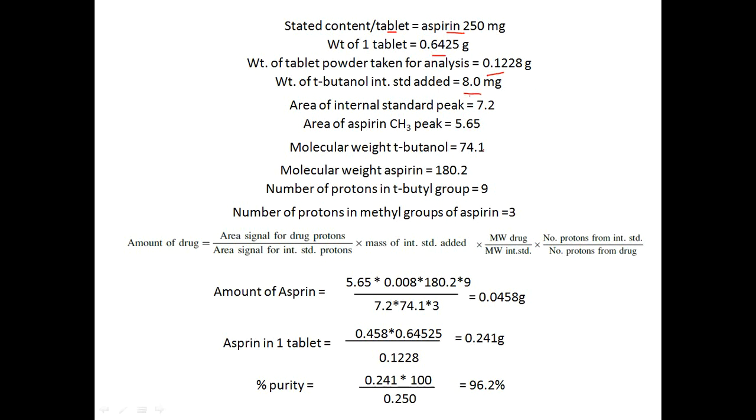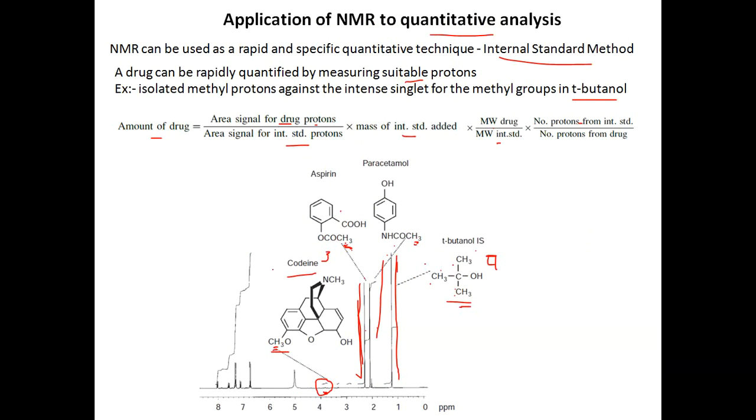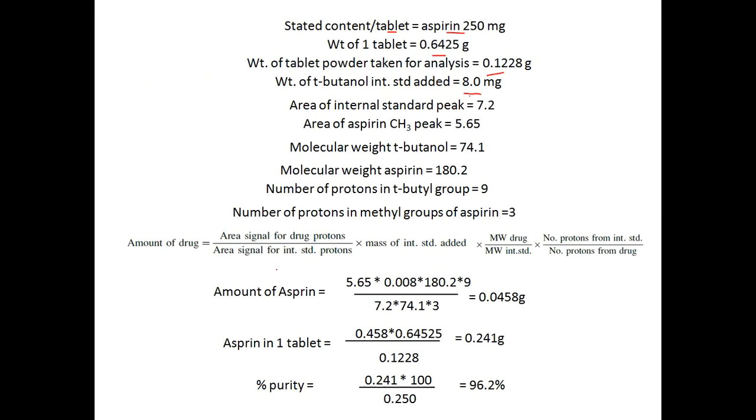Now you measure the NMR signal and take the area of the peak you get for the internal standard as well as the methyl proton of the aspirin. The area for the internal standard is around 7.2 and that of the methyl peak for aspirin was around 5.65.